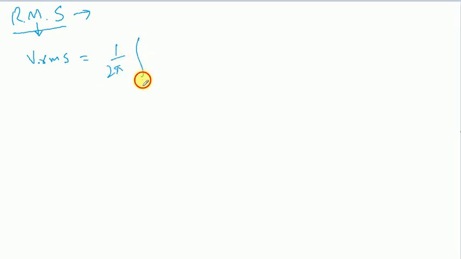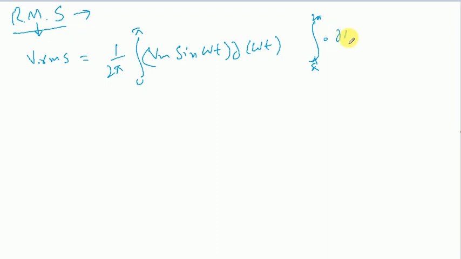To write the complete equation, we can write it in this way. We don't need to write the other half interval, from pi to 2 pi, because we already know that the other half of this integral is equal to 0 from pi to 2 pi. That is why we ignore that term.